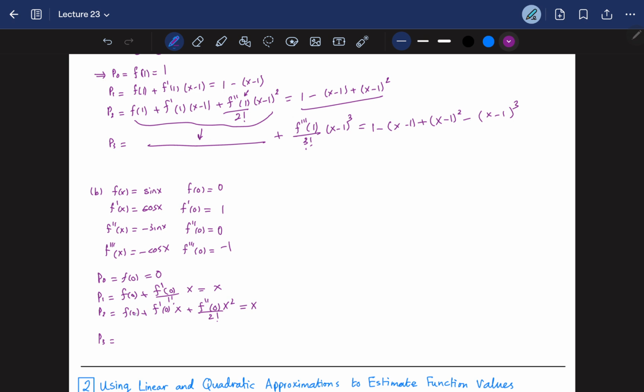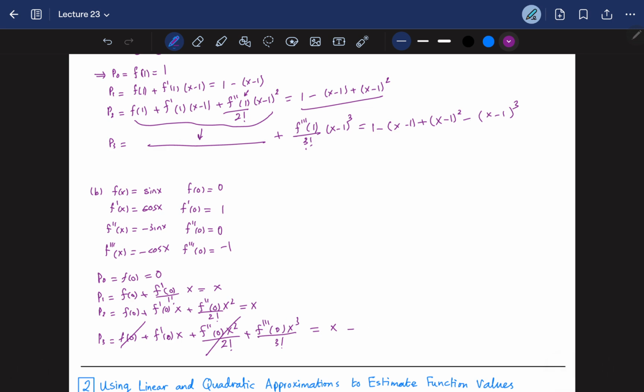And similarly for the polynomial of the third degree, you go up to the third derivative. And that would be x minus, so these two terms go away because it's 0.